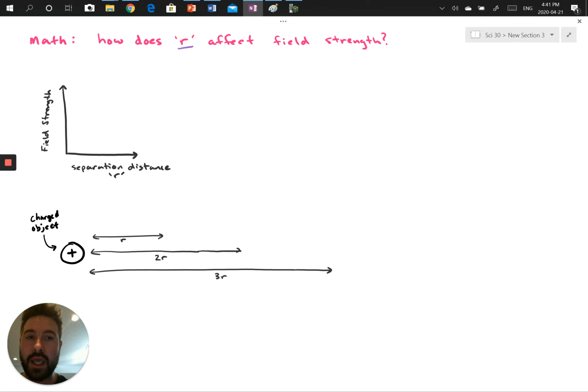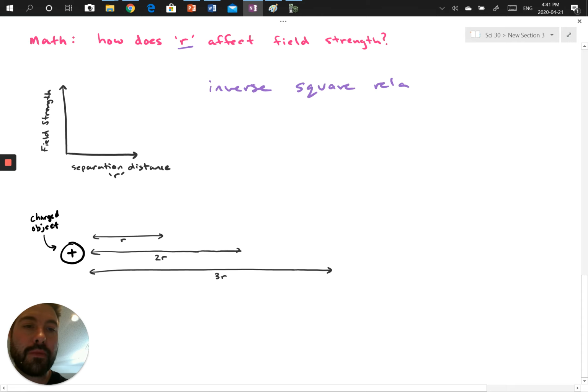But there's actually a mathematical way to look at this, and it's called the inverse square relationship. So it would look like this. We'd say the field strength is proportional to the inverse of the separation distance squared.